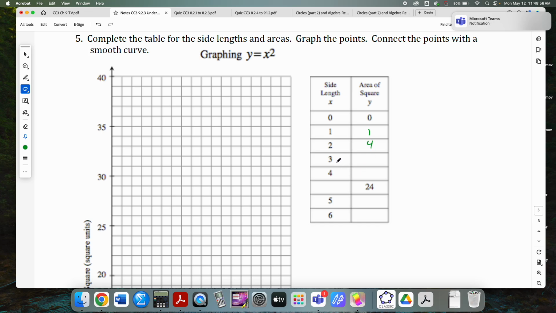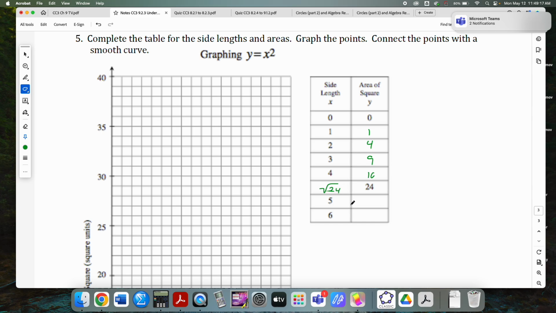If the side lengths are 3, the area is 9. For 4, 16. If the area is 24, what are the side lengths? Exactly. It's the square root of 24. How much is that? I don't know.